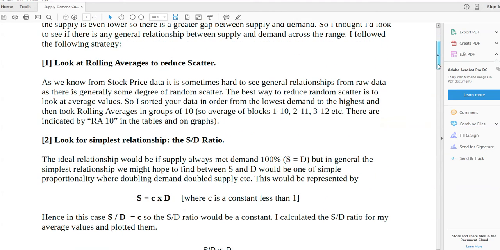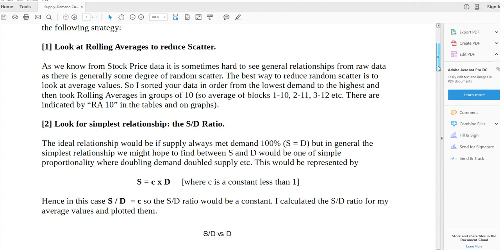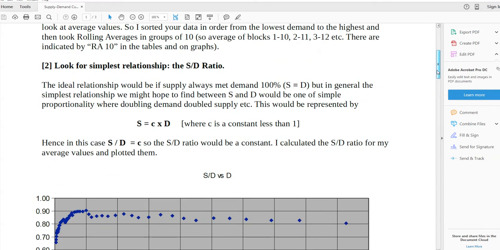Now, ideally, in a simple supply-demand model, you'd expect the supply to rise in proportion to demand. Ideally, the supply would equal the demand and you'd satisfy all the demand.